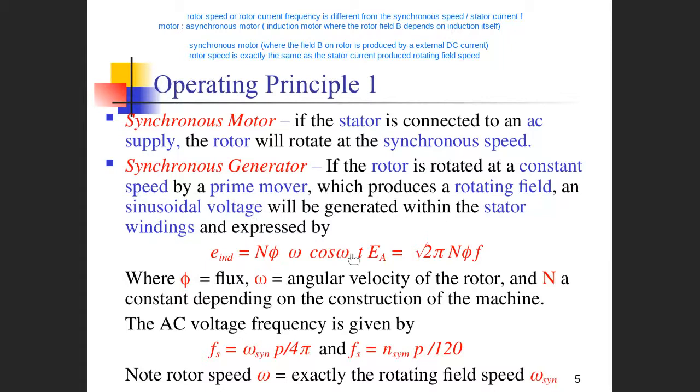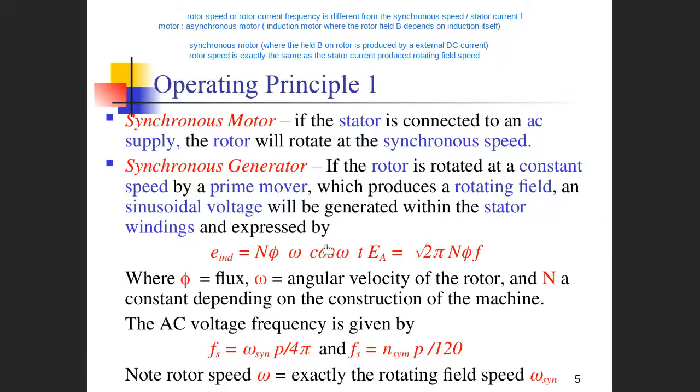This comes from Faraday's law that we discussed in chapter 3 of the power electrology. So the constant rotating speed determines the omega here.